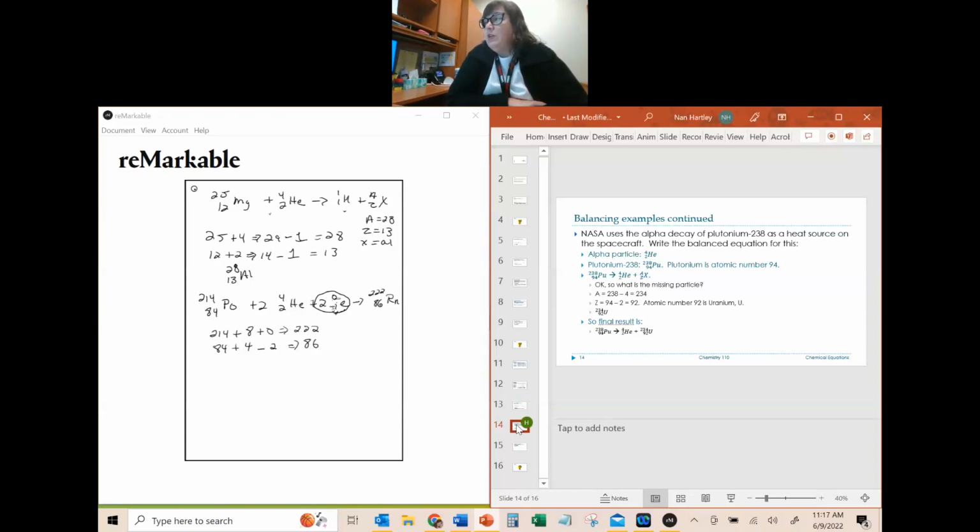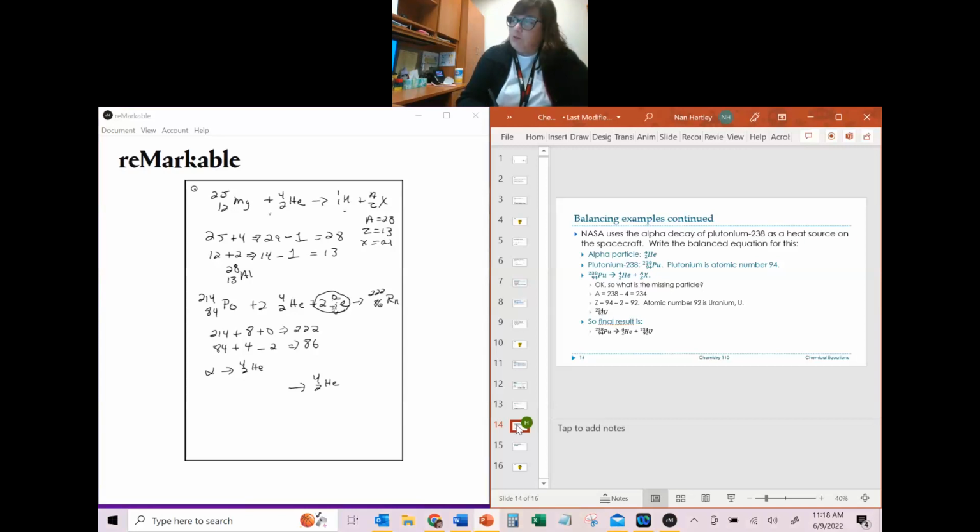So some more balancing examples. It says that NASA uses the alpha decay of plutonium-238 as a heat source on spacecraft. We want to write that equation. So alpha decay, and alpha is a 4,2-He. All right, and it's a decay, so that means that my reactants are going to give me a product of 4,2-He.